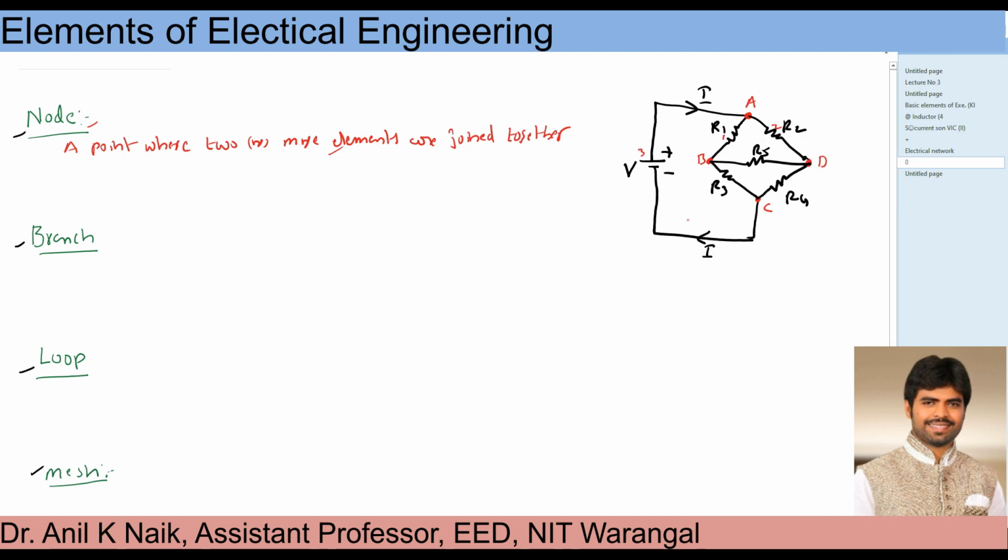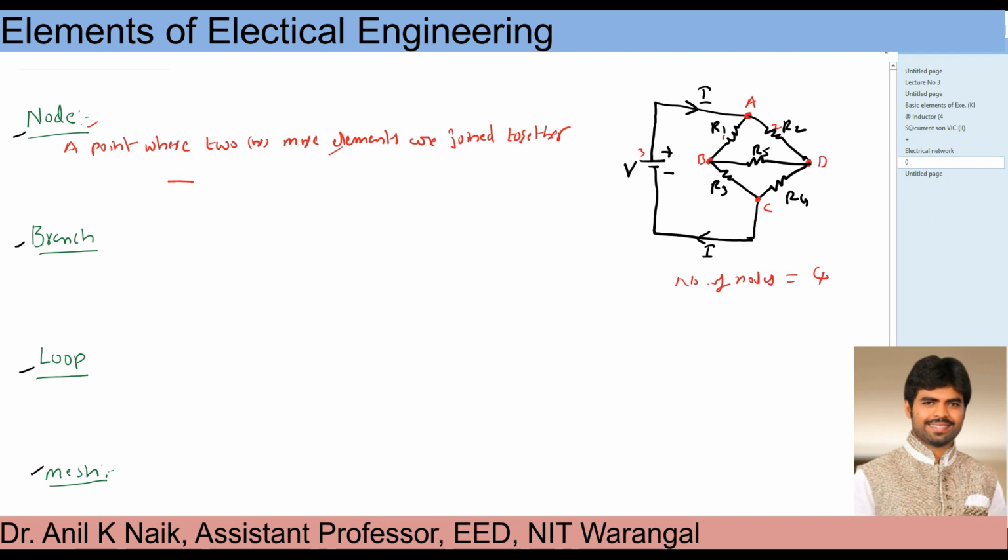So in this particular circuit, how many nodes do we have? The number of nodes is equal to 4. So that is the meaning of node. A node is a point where two or more electrical elements are connected.